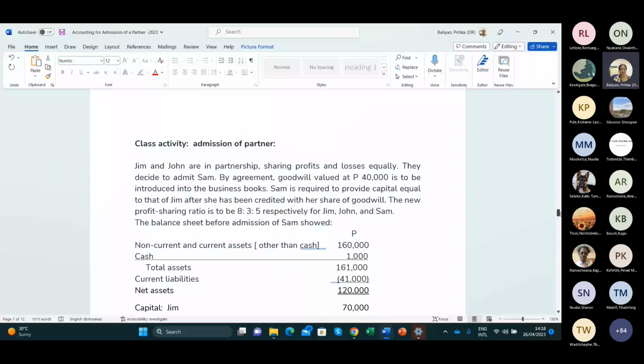When the old business was running, they decided to calculate the goodwill. Do you know how to calculate the goodwill in the business? Does anybody know how the amount of goodwill is calculated or determined? Anyone want to try?